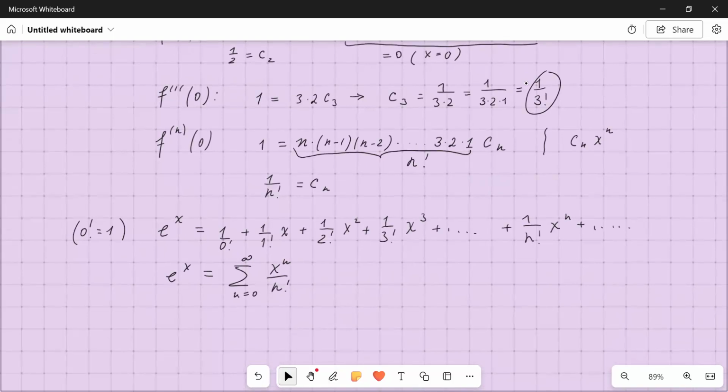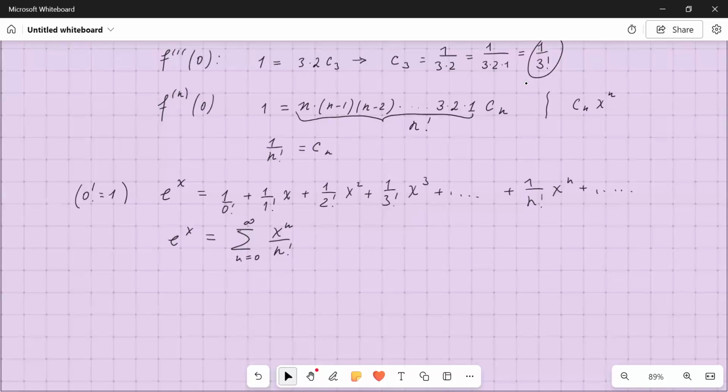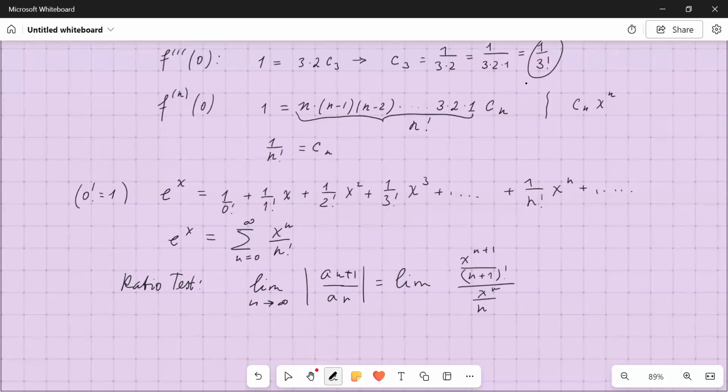I'm going to use the ratio test. So I'm going to calculate the limit as n approaches infinity of the absolute value of a n plus 1 over a n. Well, a n plus 1 is x to the power of n plus 1 over n plus 1 factorial, and a n is x to the power of n over n factorial.